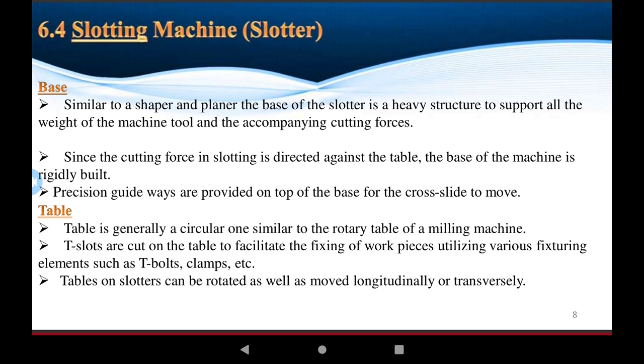The tables of slotters can be rotated as well as moved longitudinally and transversely. The machine also moves the tool in longitudinal motion and some reverse motions.